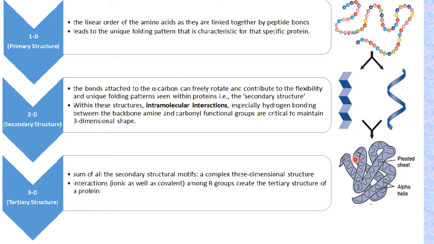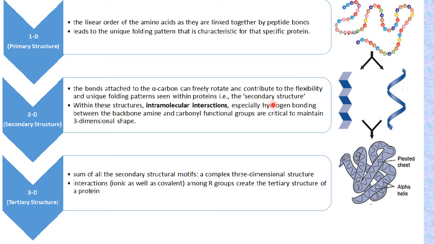So as a result of these intramolecular interactions, the backbone of the polypeptide chain takes a particular conformation, and this structure formed is known as the secondary structure.